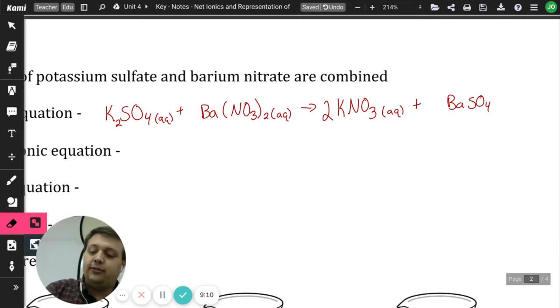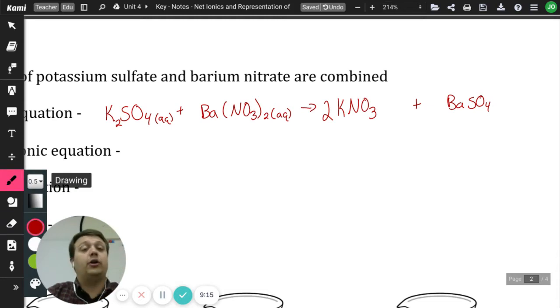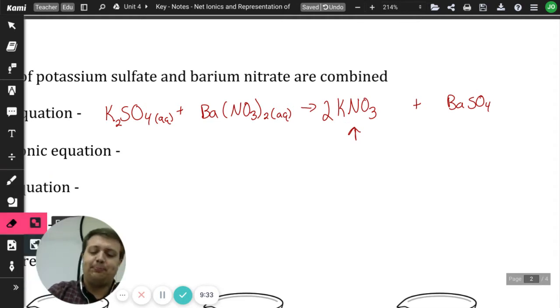And check my solubility. Okay, so for my solubility, because they've already told us the reactants, right? For my products, when I'm looking at my solubility, I need to think about my solubility rules. So the first thing I should ask is this, is KNO3 an acid or a base? No, it's not. It's not an acid. Doesn't start with hydrogen. It's not a base. Doesn't end with hydroxide. Okay?